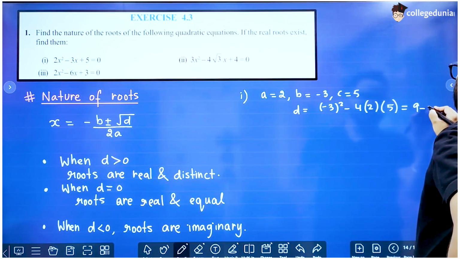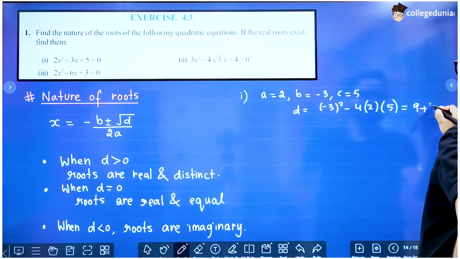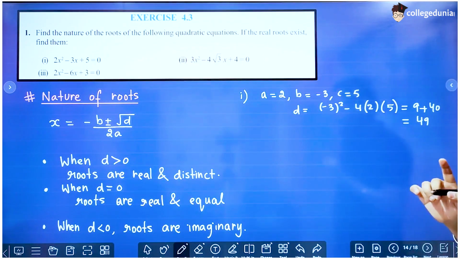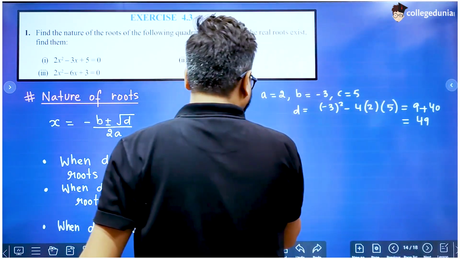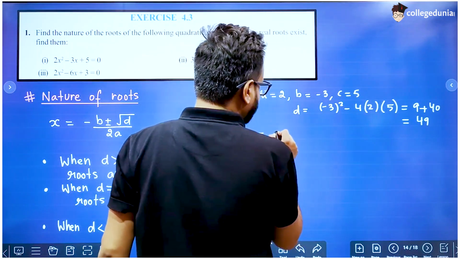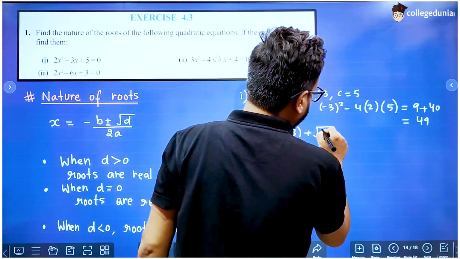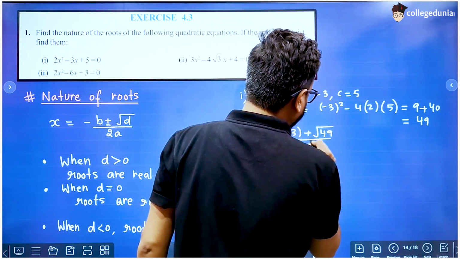So that is 9 plus 40, which is 49, which is positive. So roots are real and distinct, and roots are, one root is minus b, that is minus of minus 3, plus root 49 by 2a.